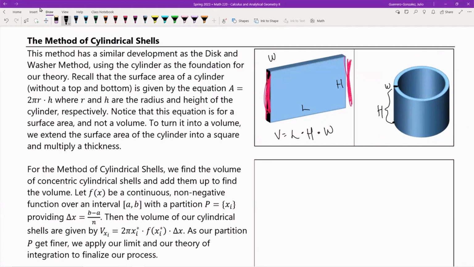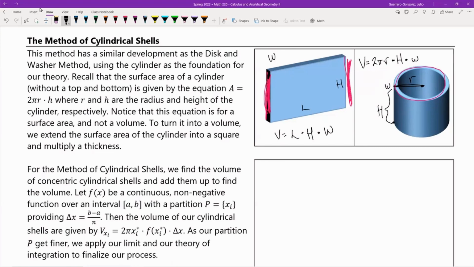Since we're looping it in a circle, for the length we need this thing right here. It's going to be some radius r. So the volume turns into 2 pi r, which takes care of this length that goes all the way around, times our height, times our width.